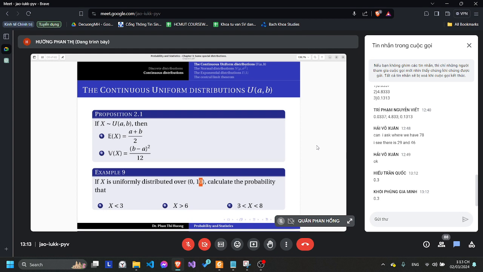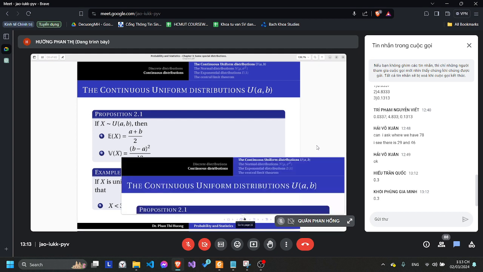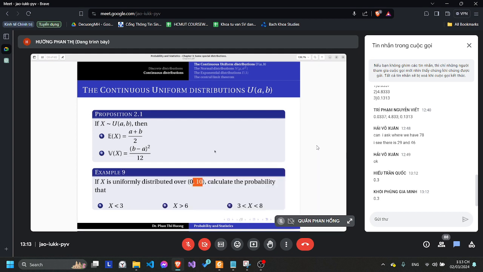And finally, from 3 to 8, which already belongs to the interval from 0 to 10, so take 8 minus 3 over 10 minus 0. We have 5 over 10. Hence, calculating probabilities relating to the uniform distribution is very, very easy. Is it clear for all of you?